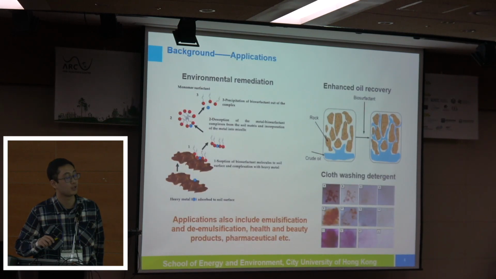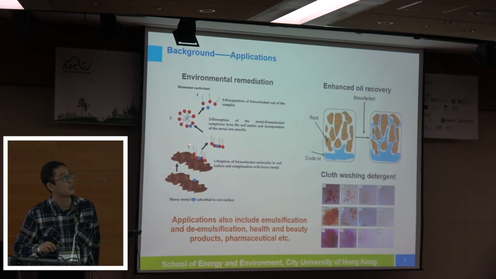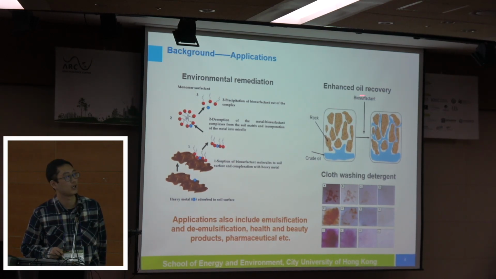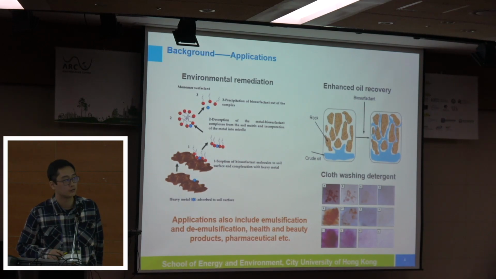It can be used as an environmental remediation reagent, so it can remove heavy metal ions from polluted soil, and it can be used for enhanced oil recovery in the oil refinery industry. It is also used as a washing detergent.